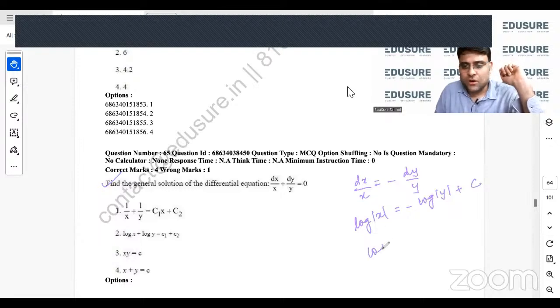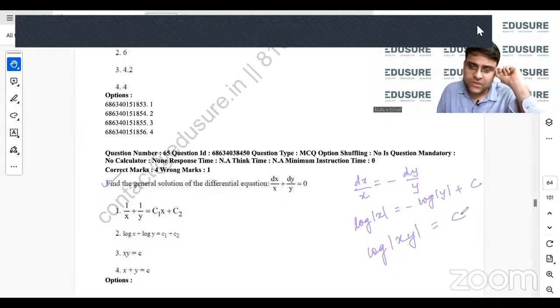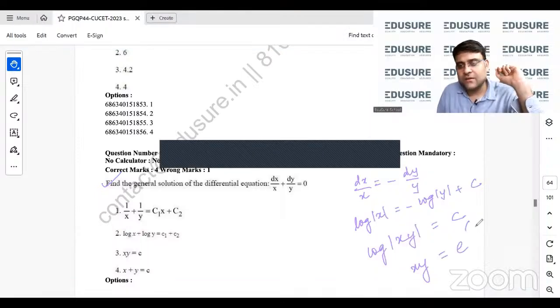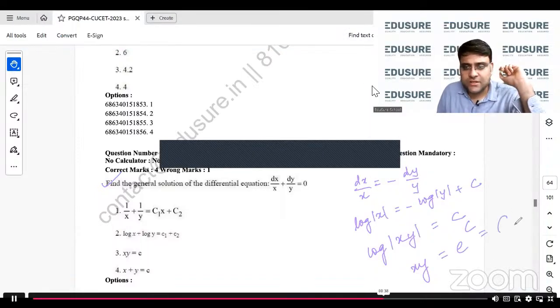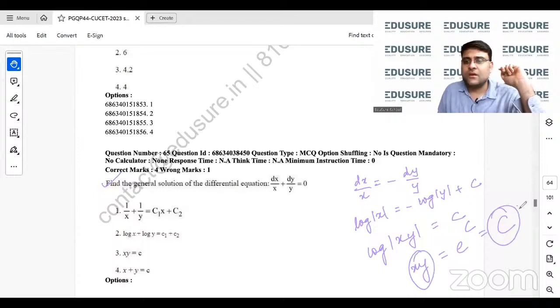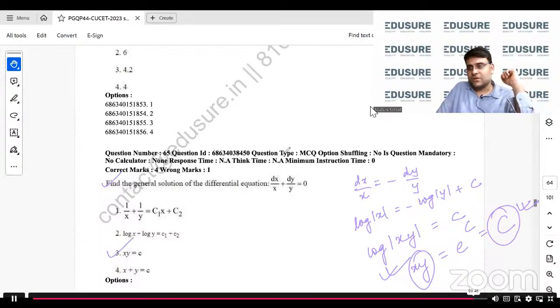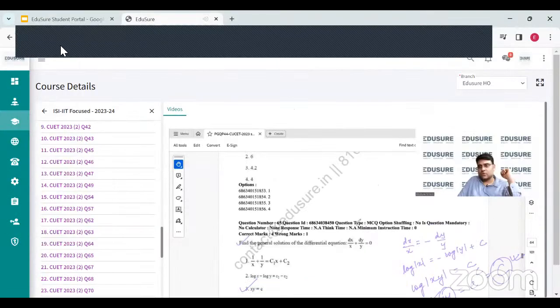So this can be written as log of xy is equal to c, or xy is equal to e to the power c, which is some constant capital C. So xy is equal to C is the general solution that you have for this kind of a differential equation. So that is question number 65.